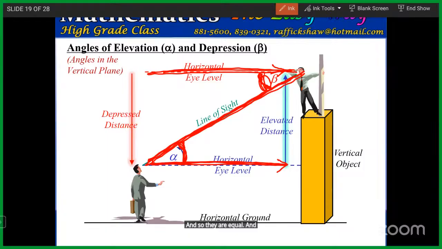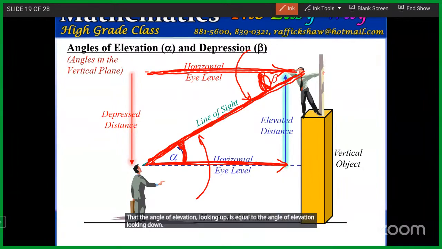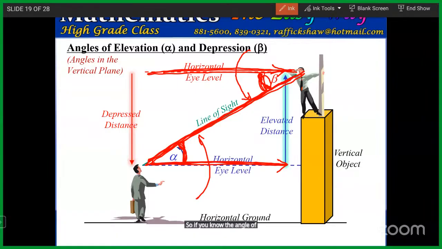And so we can conclude that the angle of depression looking down is equal to the angle of elevation looking up. So if you know the angle of depression looking down, it will be equal to the angle of elevation looking up from the other end. And if you know the angle of elevation looking up from one end, that's from here, it will be equal to the angle of depression looking down at that end.